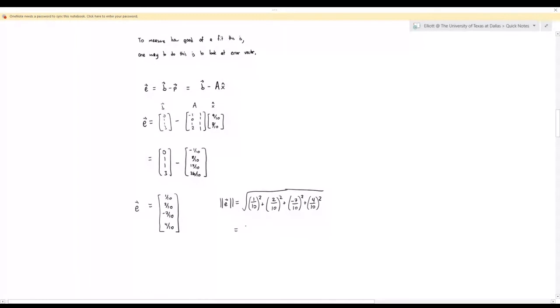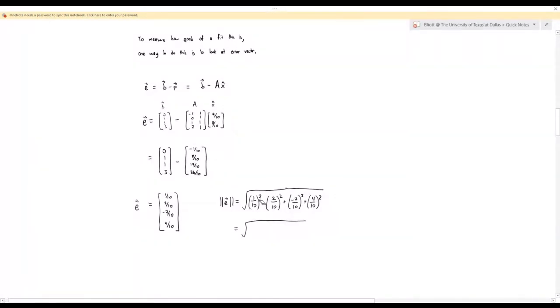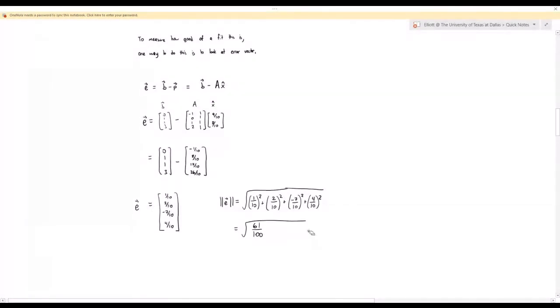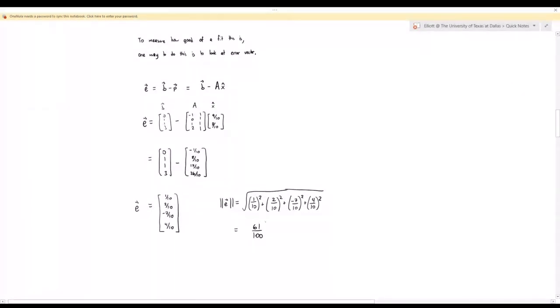Let me compute this real quick. I think it's 1 plus 5 plus 49, 55, plus 16. So I think it's the square root of 61 over 100, if I did that right.